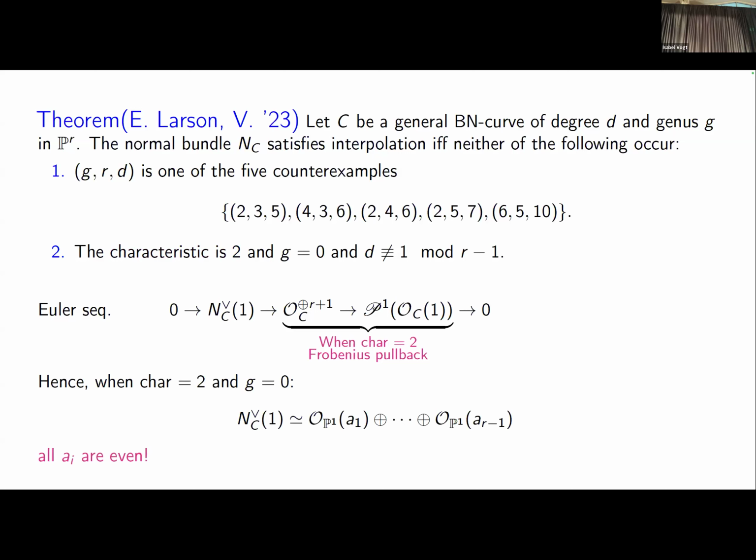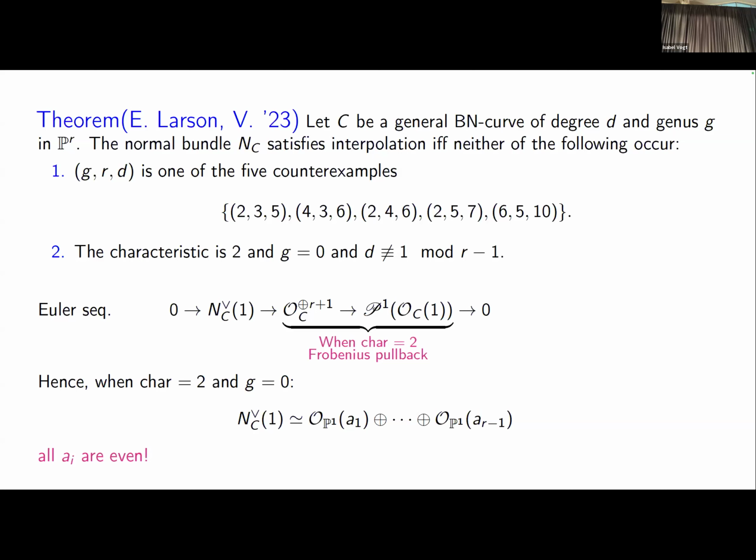But it's very hard for a bunch of even numbers to differ by 1, right? Interpolation is differing by 1. So the only way they can differ by 1 is if in fact they're all equal, which says that the degree, namely the sum of them, has some congruence condition. And that congruence condition, if you take out this twist, translates back exactly to say that d must be congruent to 1 modulo r minus 1.